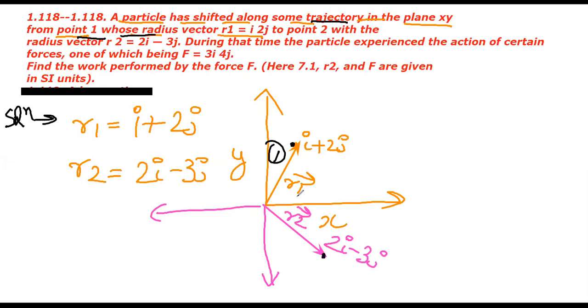So let me mark a vector here, the displacement from point 1 to point 2, which is r2 minus r1, that is, from r1 to r2. So from here, what do we get? We will write it as r2 minus r1. Let me write it here.